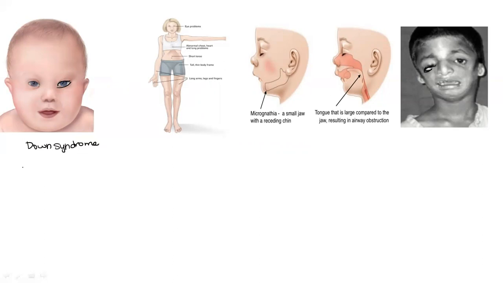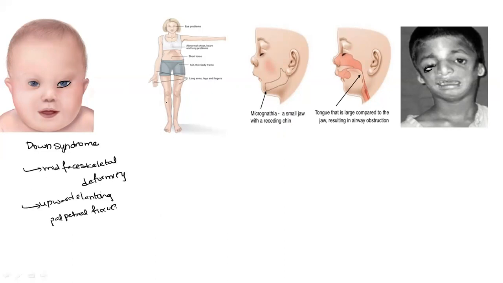Okay, so in Down syndrome, there is mid-face skeletal deformity. And you can see that there are almond-shaped eyes. There is upward slanting of the eyes. So upward slanting palpebral fissures can be seen.